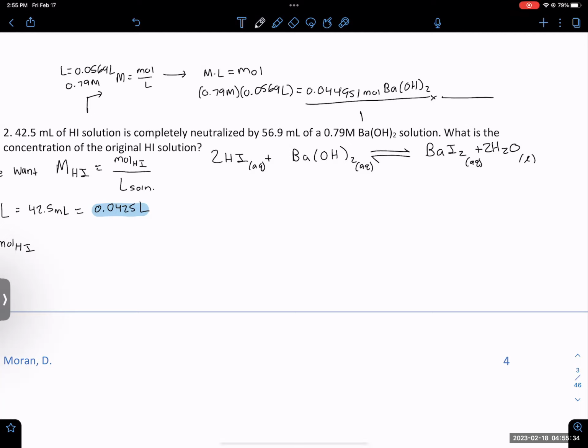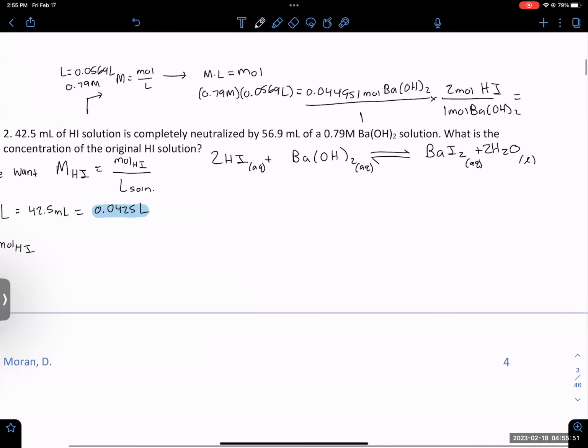Exactly. For this one, 1 mole of barium hydroxide requires 2 moles of HI to react. This should give us a nice number of 0.0899 moles of HI.